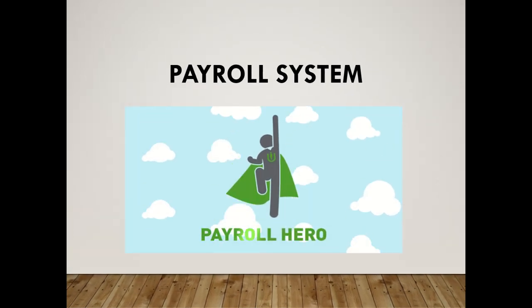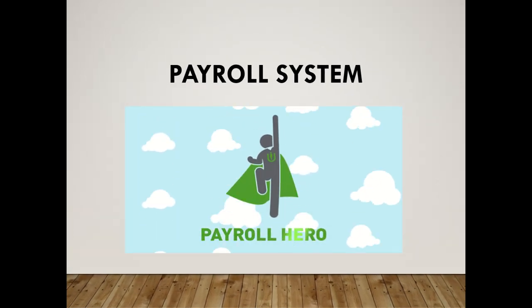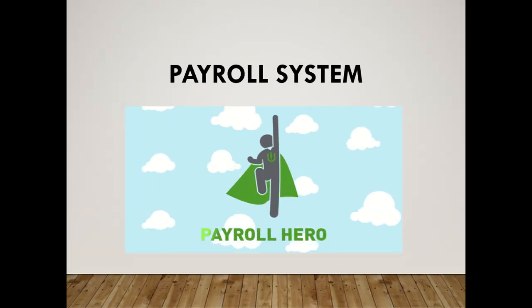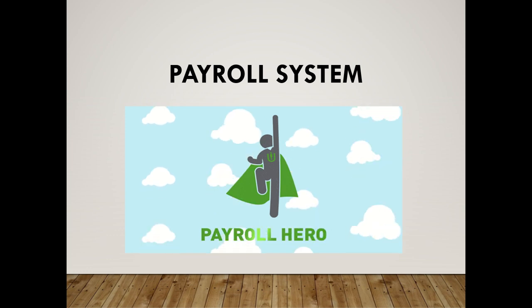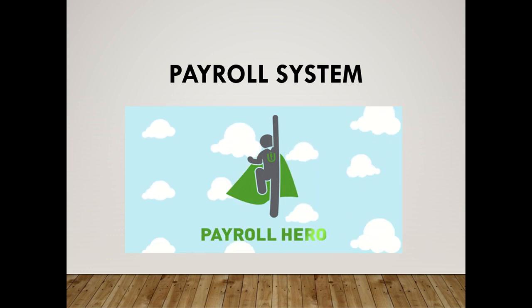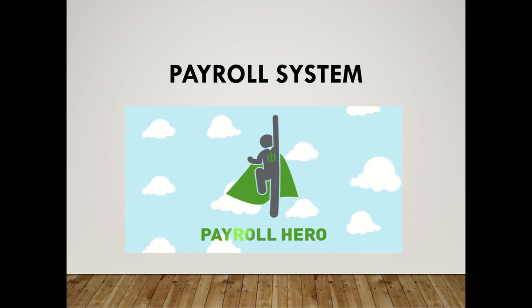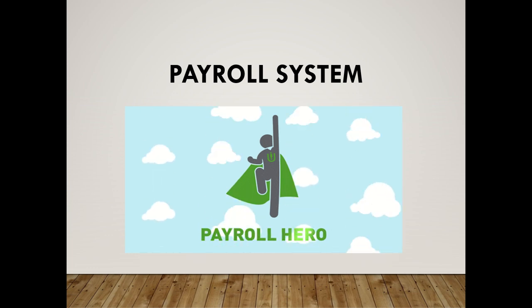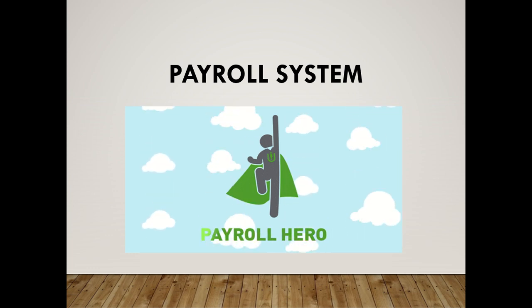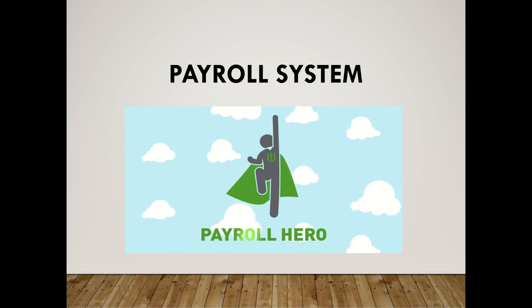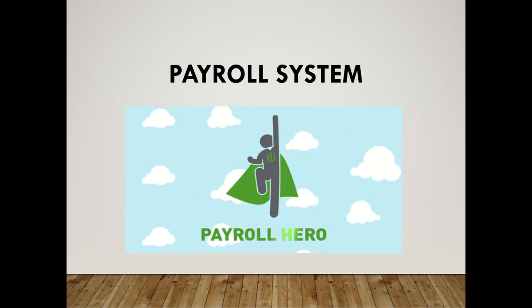We will first discuss the payroll system. Then later on, we will be discussing the fixed asset system. So let's start with the payroll system. The payroll processing of an entity is actually a special case of the purchases system in which the organization purchases labor rather than raw materials or finished goods or merchandise for resale.